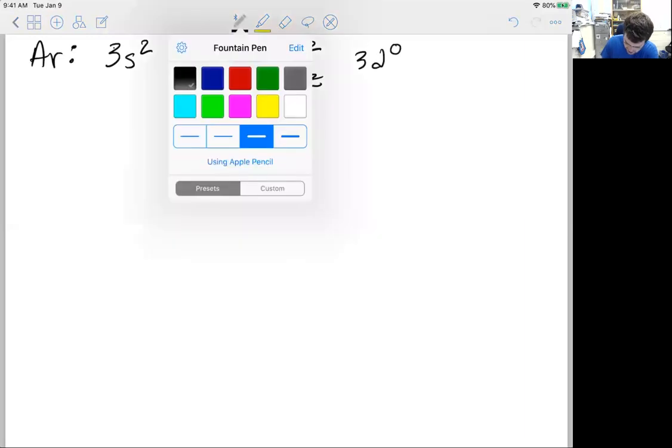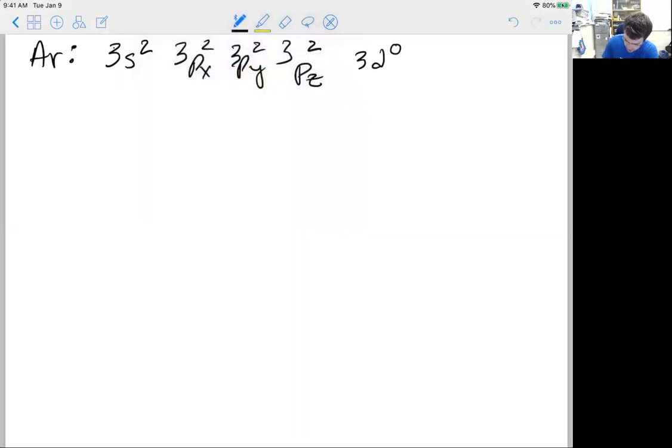This is still considered a noble element despite having several empty orbitals within its outer shell, and that's because these are the d orbitals that are a bit higher in energy. They're actually higher in energy than the 4s orbital.